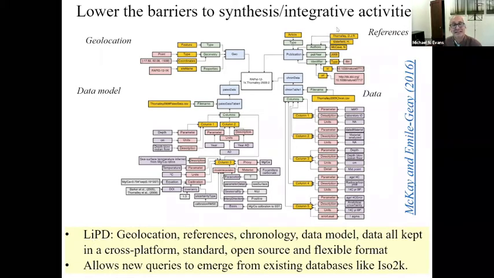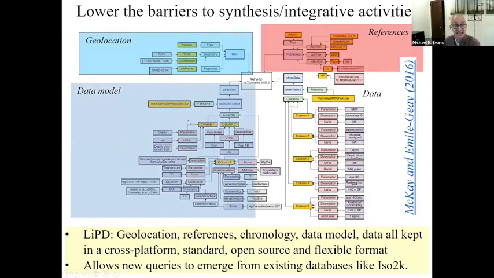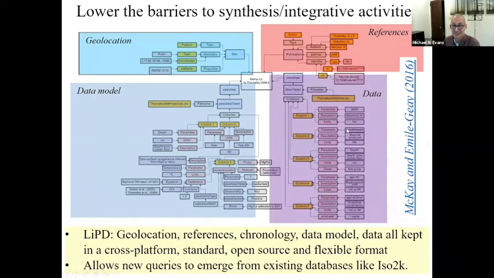And LiPD is really cool because it combines information about geolocation and citation and data models or forward models, how the information about the environment is imprinted into the archive from which we make observations. And then it has the actual data in all of its gory detail.